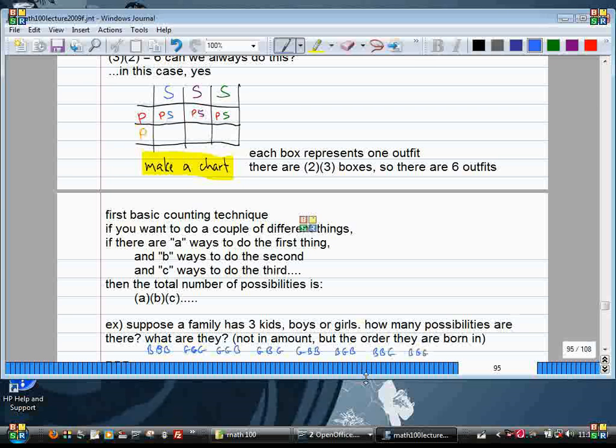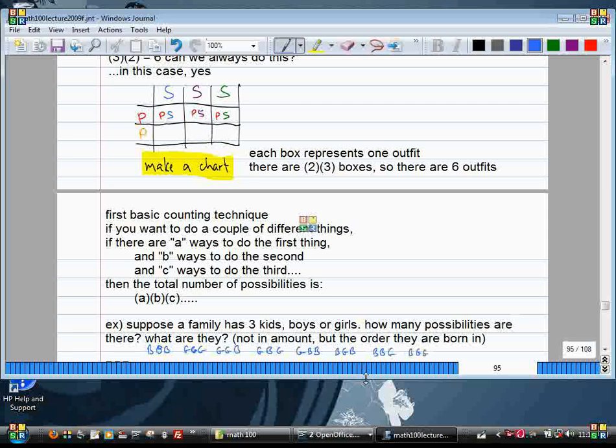So what we need is a way to organize this list, and what it actually comes down to is something Terrell said 30 seconds ago. What does this remind you of, Terrell? Yeah, this is just like making a truth table. Because boy versus girl is very similar to true and false.